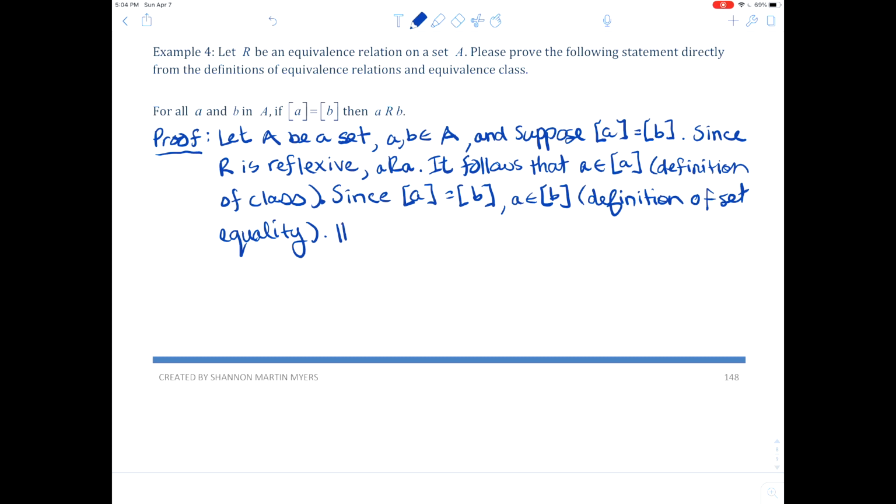Well, hence aRb, because that's by definition of equivalence class. And we're done.